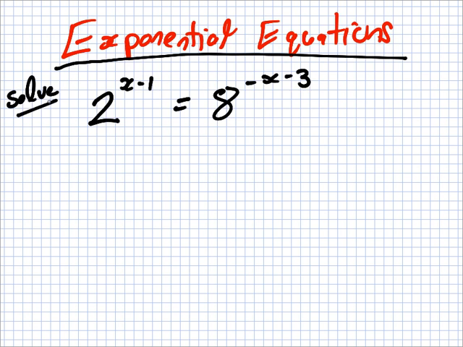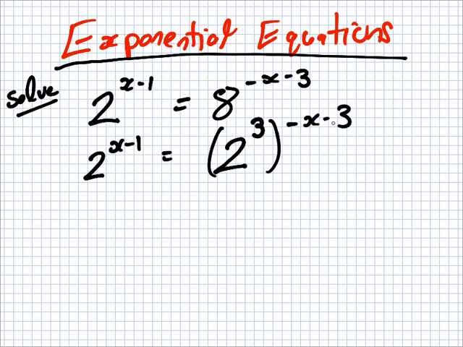We should be able to solve this using only our rules of indices. The first thing I want to do is change the 8 into 2 cubed, so it's 2 power x minus 1 equals 2 cubed, and its power is still minus x minus 3.